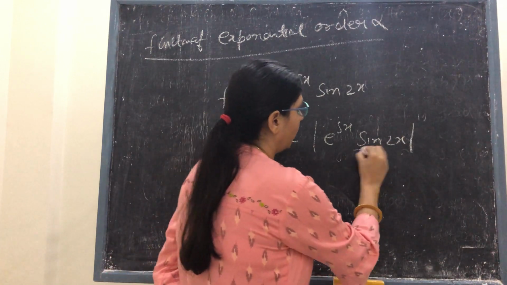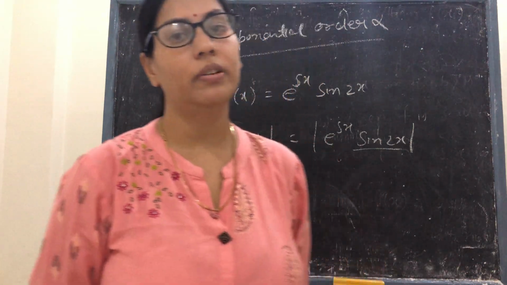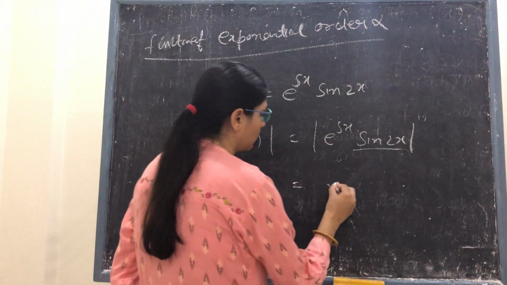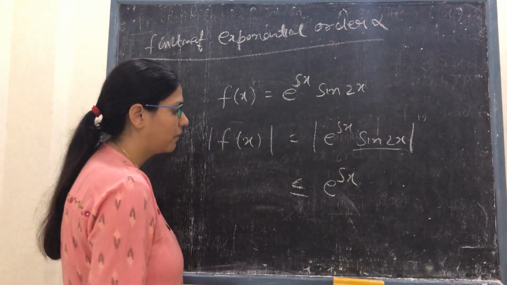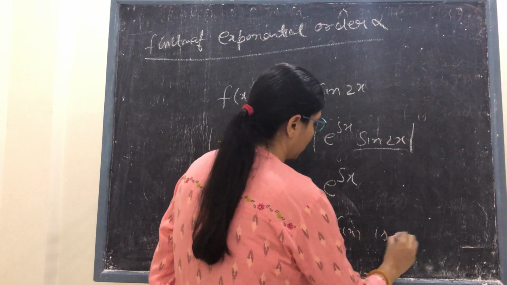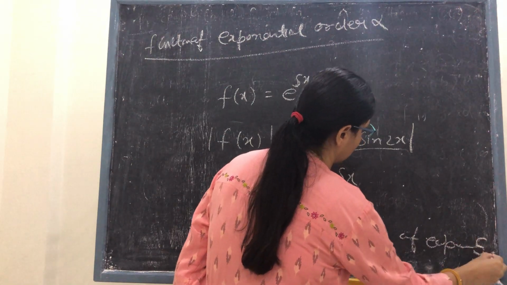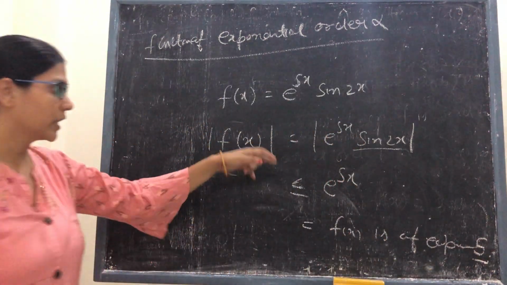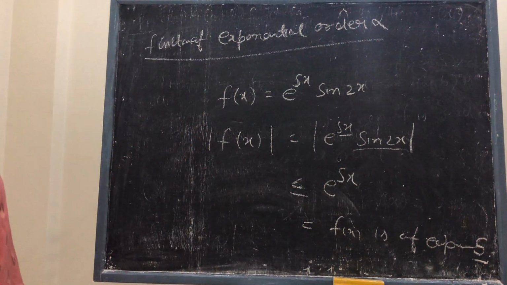We know the value of sine 2x lies between minus 1 and 1. If we take the mod of this value, it is at most 1. So we can say it is less than or equal to e raised to the power x. So the function f(x) is of exponential order 1. Clear?